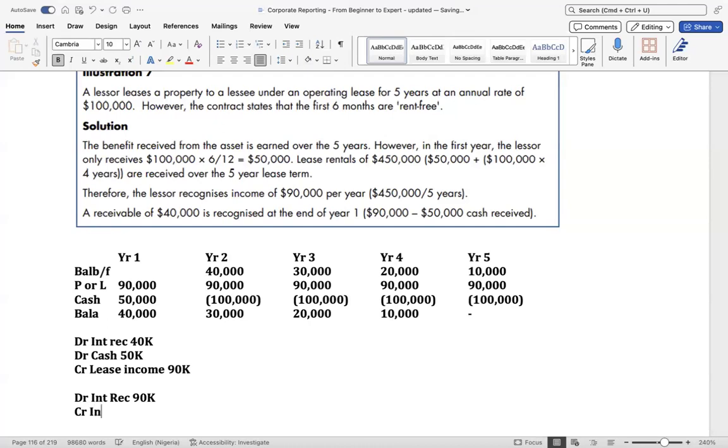Then I will credit my lease income with 90K. That's the double entry for that 90K. So this one goes to P&L, which ordinarily matches what you guys have actually mentioned.